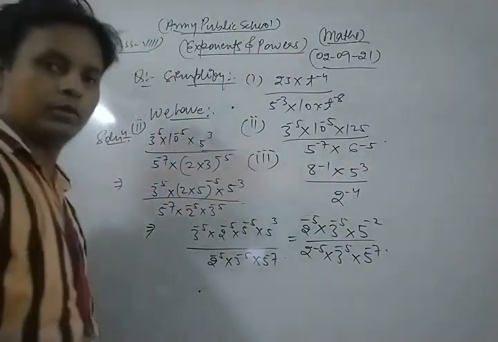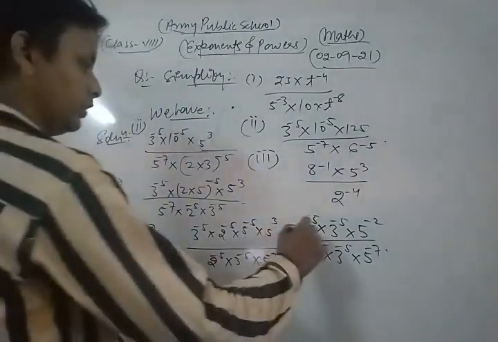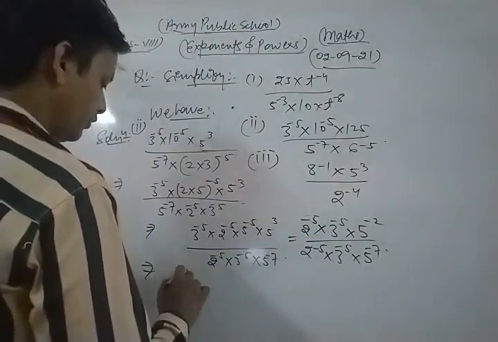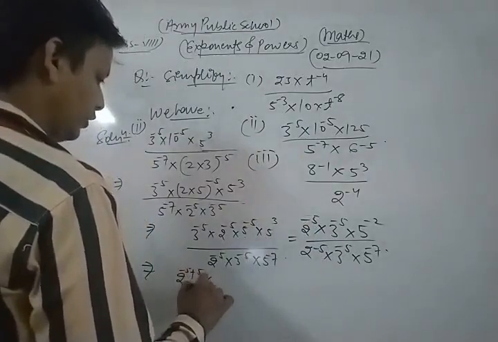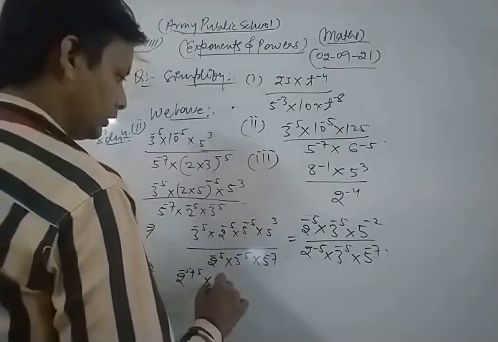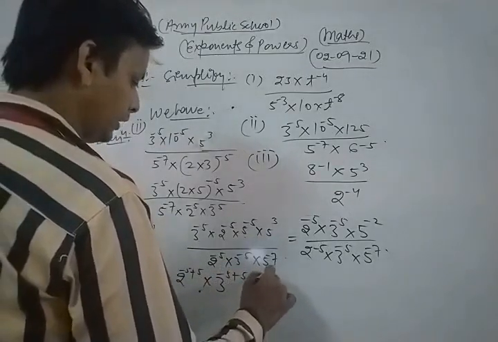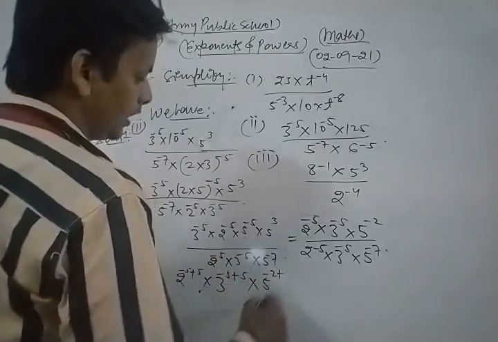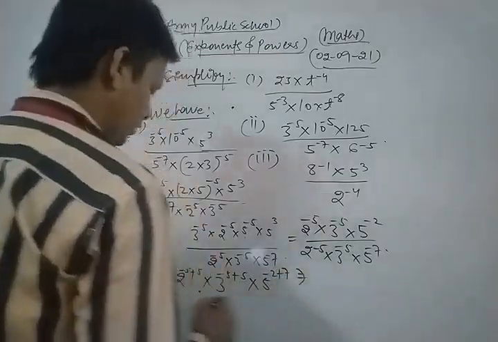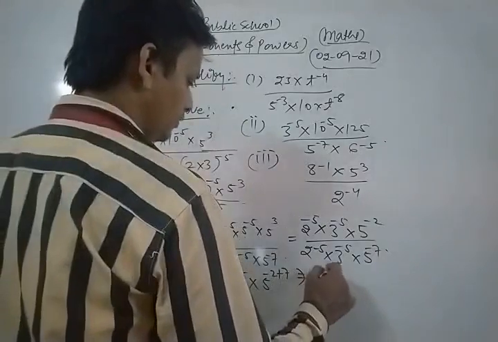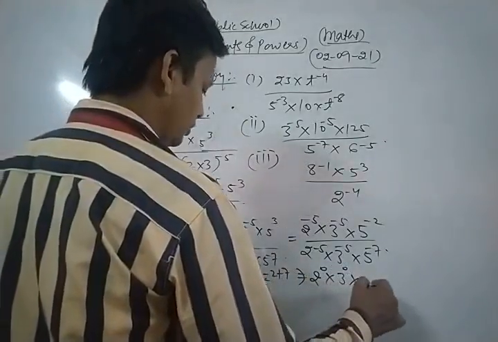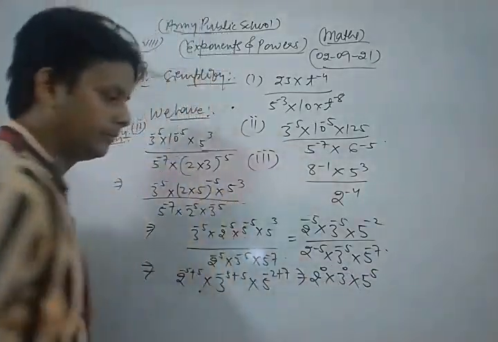Okay, now we have 2 power minus 5 plus 5, and 3 power minus 5 plus 5, into 5 power minus 2 plus 7. So we have 2 power 0 into 3 power 0 into 5 power 5.